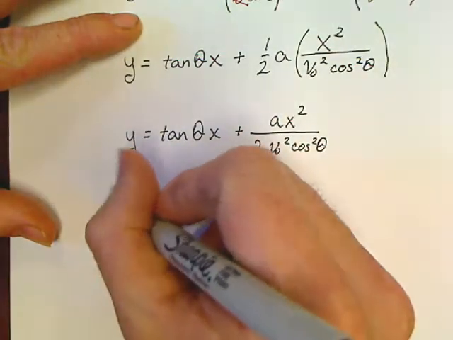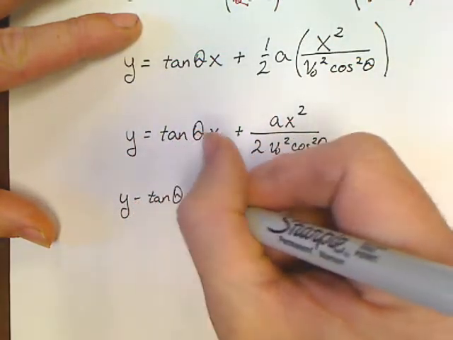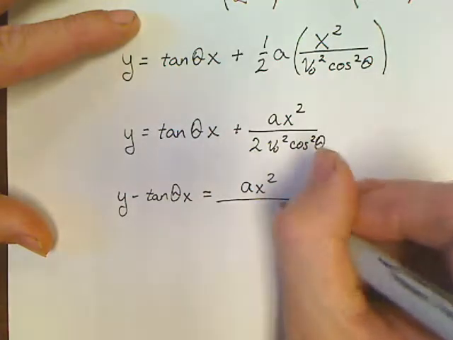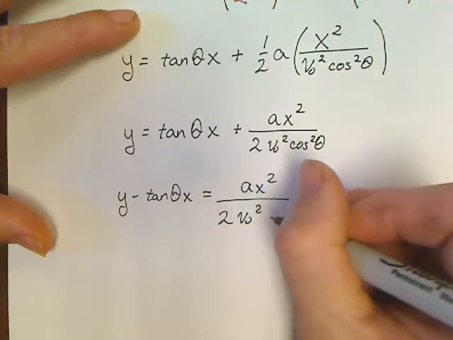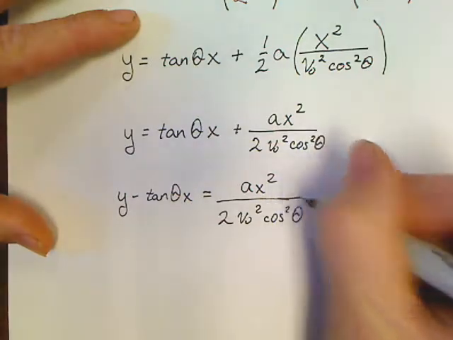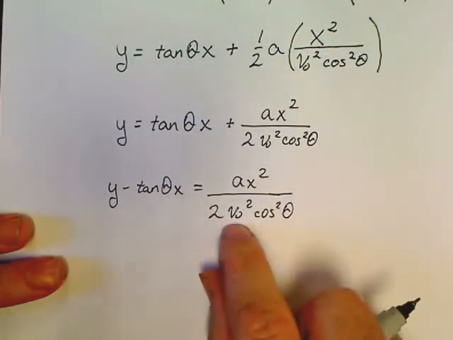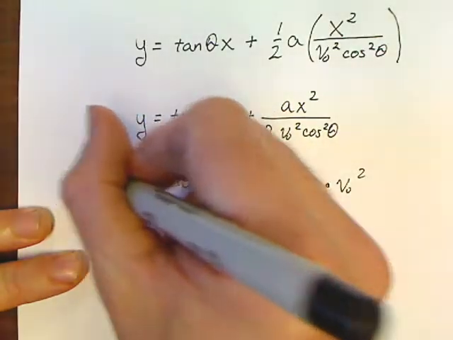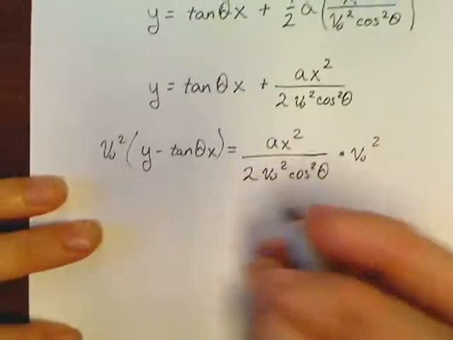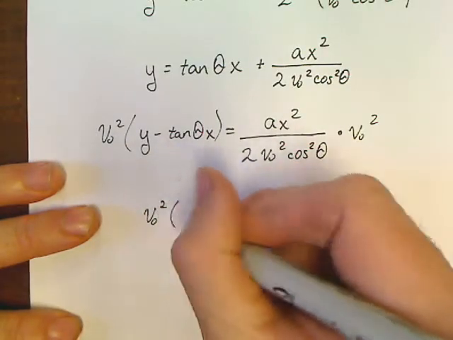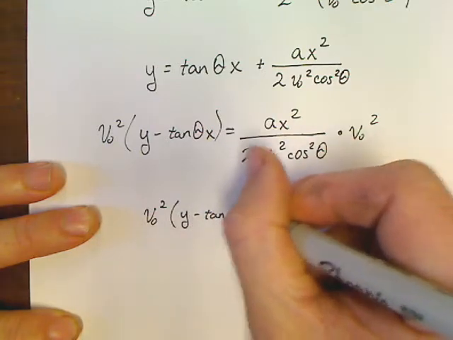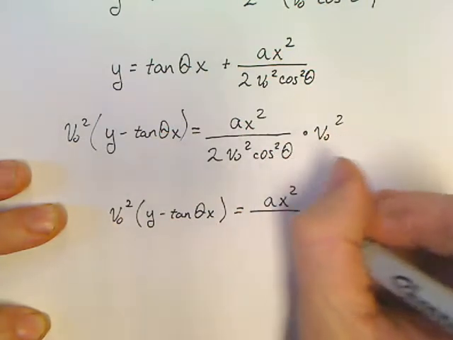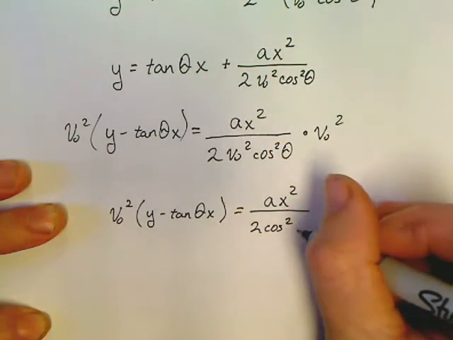We'll do algebra. y minus tangent theta x. Anybody can plug in numbers. But this is about being a pimp of math. If I'm looking for V0, times both sides by V0 squared, which would cancel it over here. Oh, I'm going to need more paper. So I end up with V0 squared times y minus tangent theta x equals ax squared over 2 cosine squared theta.